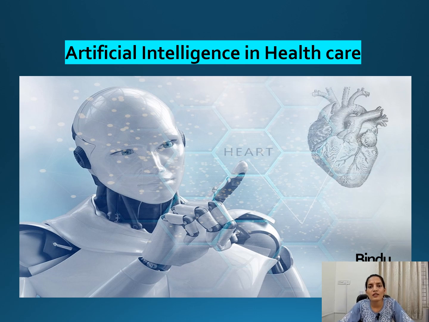So these are all the gaps to fill in the medical field. This is where artificial intelligence comes in. So in today's session, let us explore this field called application of artificial intelligence in the healthcare system.